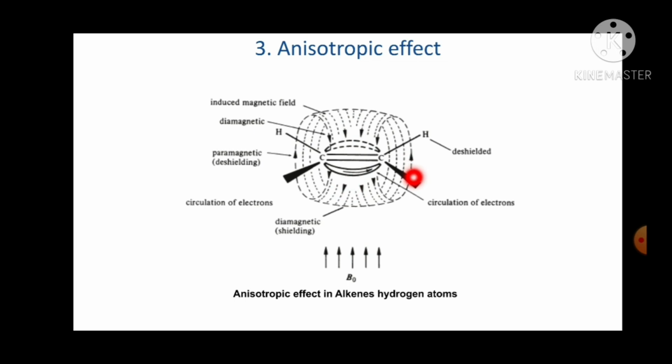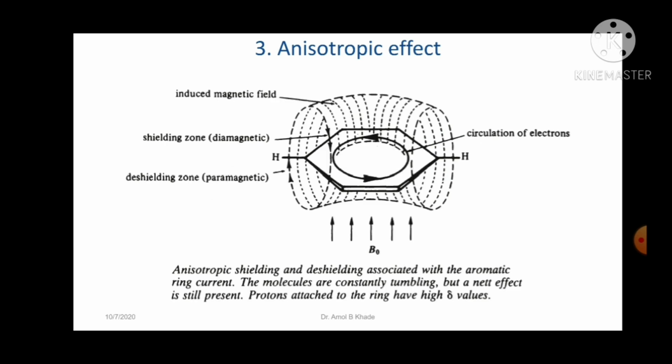But on the periphery the arrow points upward, parallel or aligned to the applied magnetic field, and that's why these protons are in the deshielded zone. The third example of the anisotropic effect is the aromatic ring system.